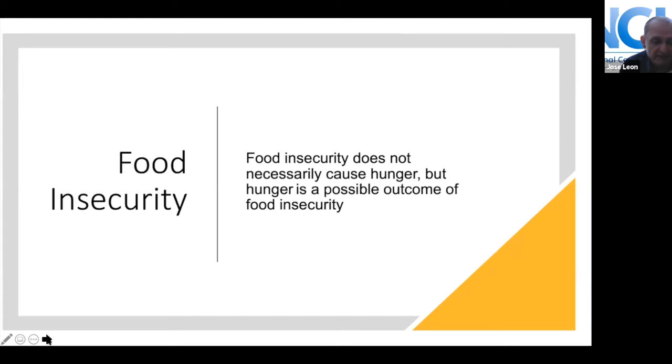It's just the inability to get healthy food, or to improve diabetes management. And if the patient has prediabetes, they are more likely to develop diabetes if they have food insecurity. Next slide.